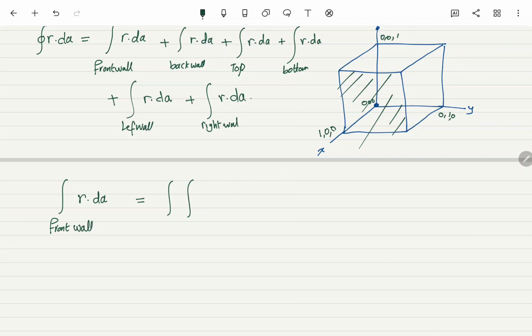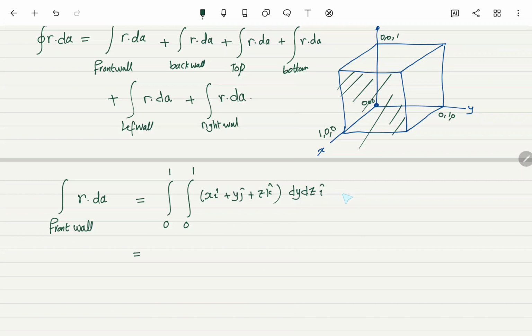So it will be, now from 0 to 1, r is actually equal to x i hat, y j hat, z k hat, and d area is the area element here, equal to dy dz. And don't forget the dot here between r and the area. So the area vector is perpendicular to this one here, which is in the x-axis, so this will be here i hat.